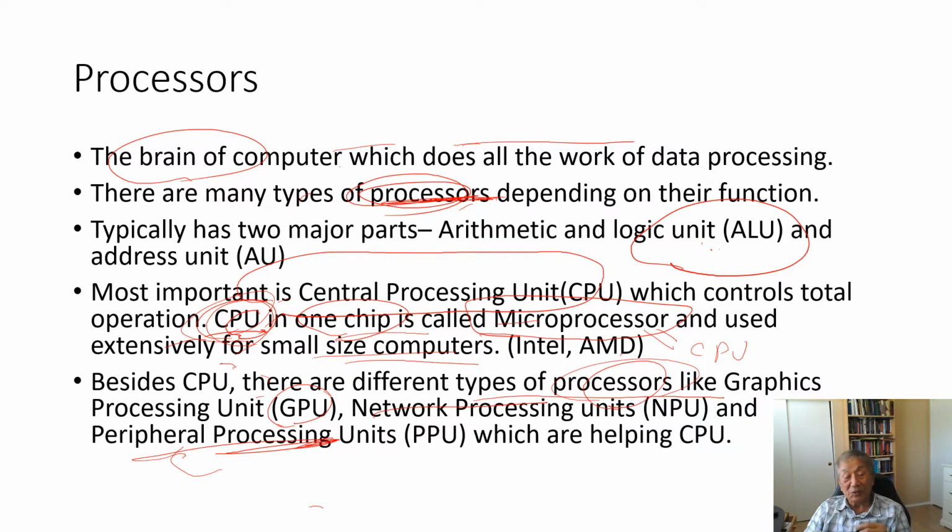So sometimes it's called the PPU. You don't find the PPU very much these days, but in the old days it was a pretty important processing unit. The purpose of this one is helping the CPU, so the CPU, the precious resource, can focus on calculating complex jobs fast.